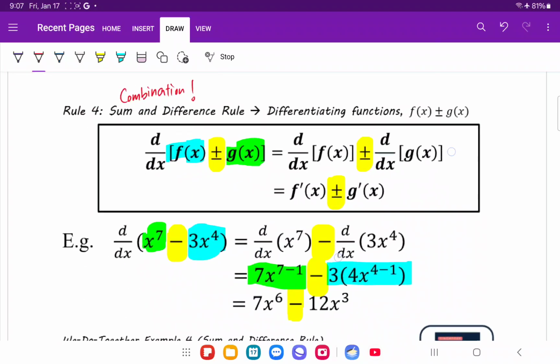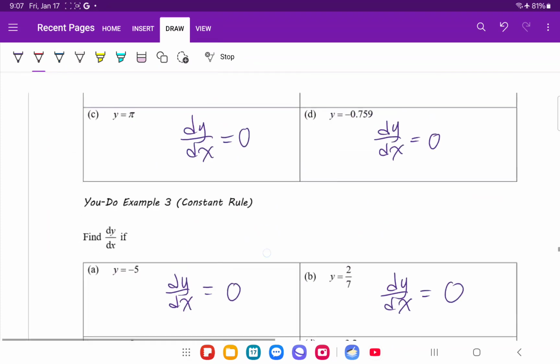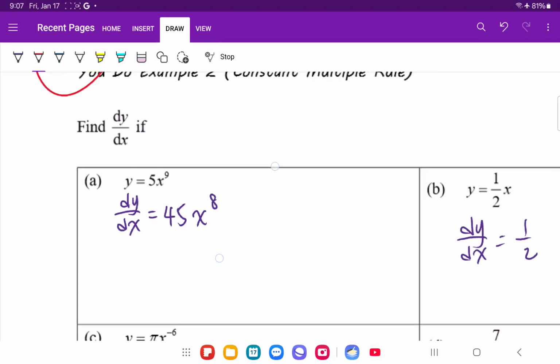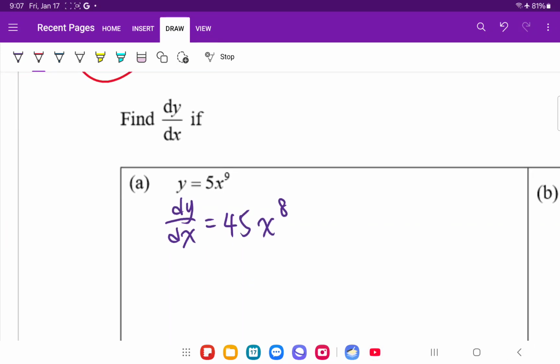Lastly, we saw a combination rule where you must use all the rules you have learned so far and do everything slowly, one at a time. Now, even though I say slowly, by now everybody should be able to see the answer for this question really quickly.